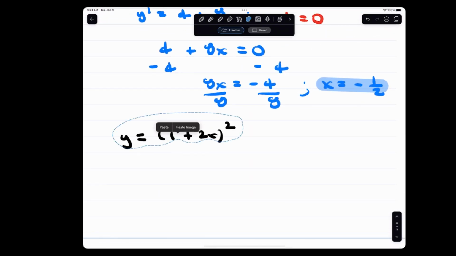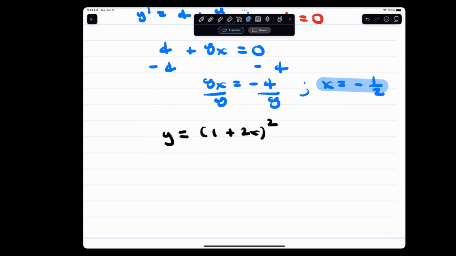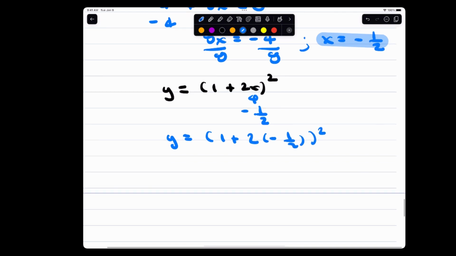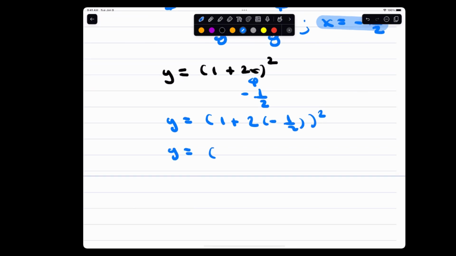So they want that location here. So for the location, you say, okay, plug in negative 0.5 here, or negative 1/2 for x. So you say y now will be 1 plus 2 times negative 1/2. We're going to square that. Isn't that 1 minus 1, I think?